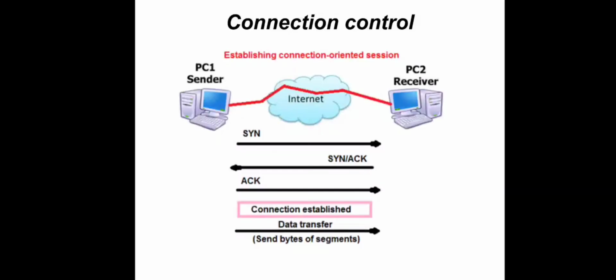The next functionality is connection control. In the case of the OSI reference model, the transport layer always provides a connection oriented service. In connection oriented service, first a connection should be established between the sender and receiver. Here the sender and receiver want to communicate, so before sending the actual data, they establish a connection.